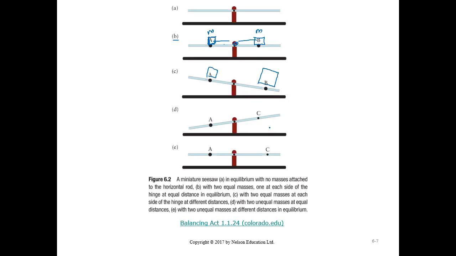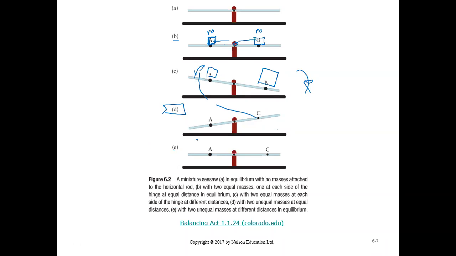Therefore, the turning effect from B will be greater compared to the turning effect from A. So the clockwise rotation is more than the counterclockwise rotational force from A. So that's clear. Now, what about D?